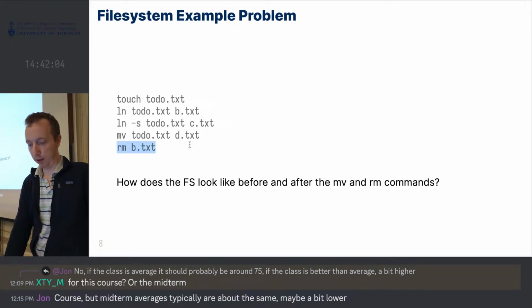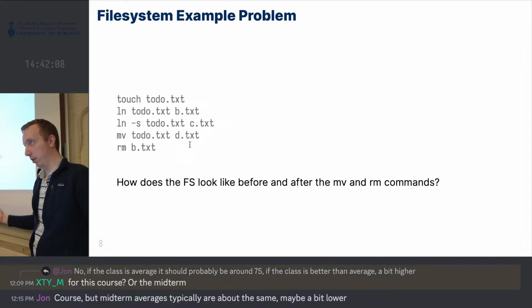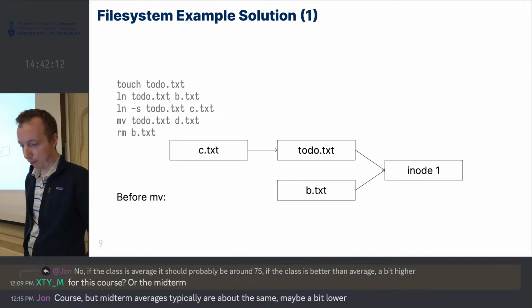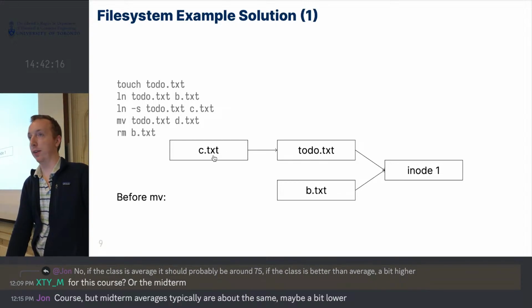So now if we do remove b.txt, well, what does the file system look like before and after these commands? So for this, before the move, we would have c as a symlink that points to to-do.txt because soft links or symlinks are name to name. And then to-do.txt and b.txt refer to the same inode.